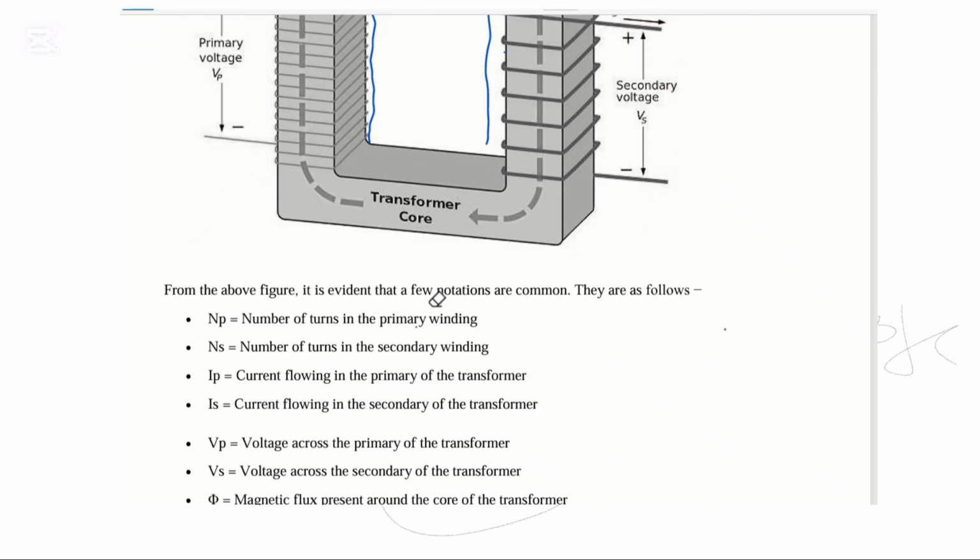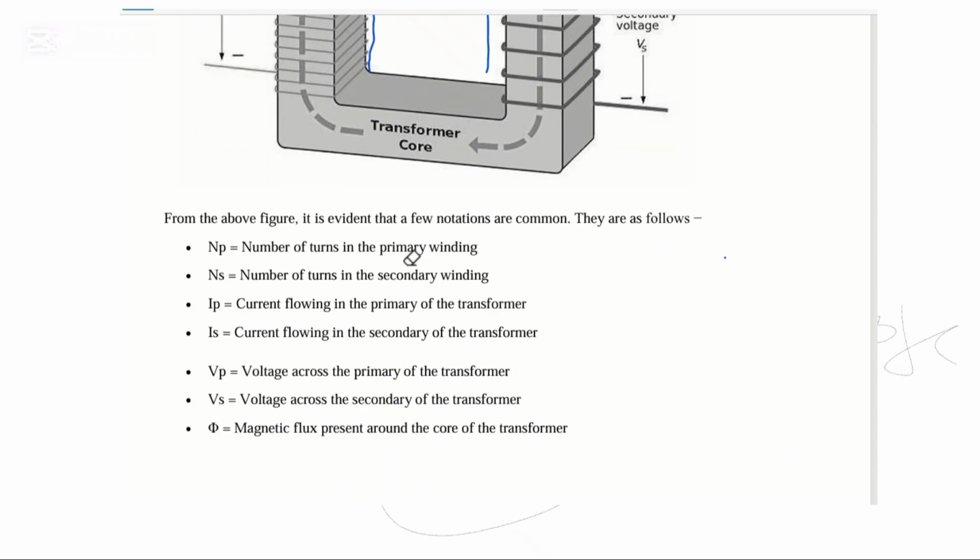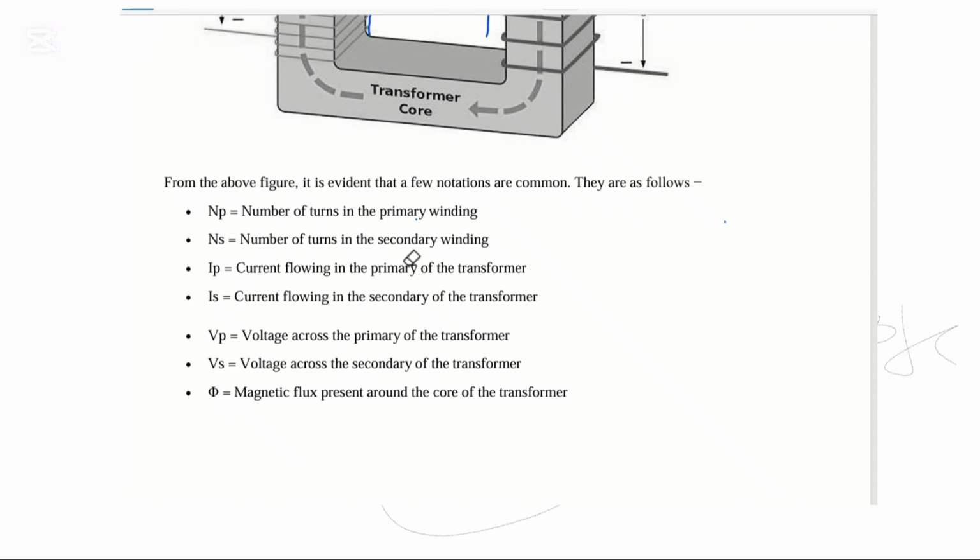We have IP, which is the current on the primary side. We have IS, which is the current on the secondary side of the transformer. We have VP, voltage across the primary of the transformer. VS, voltage across the secondary of the transformer. And we have this phi here. This phi here is the magnetic flux present around the core of the transformer.